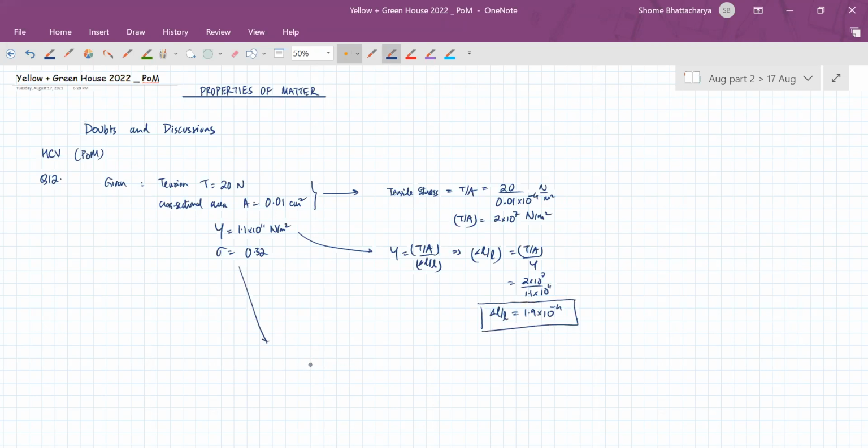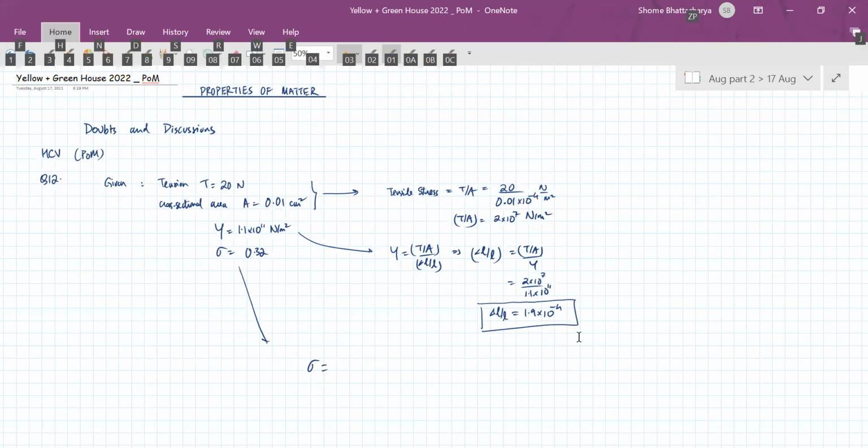Now Poisson's ratio. So how will we use the value of Poisson's ratio here?